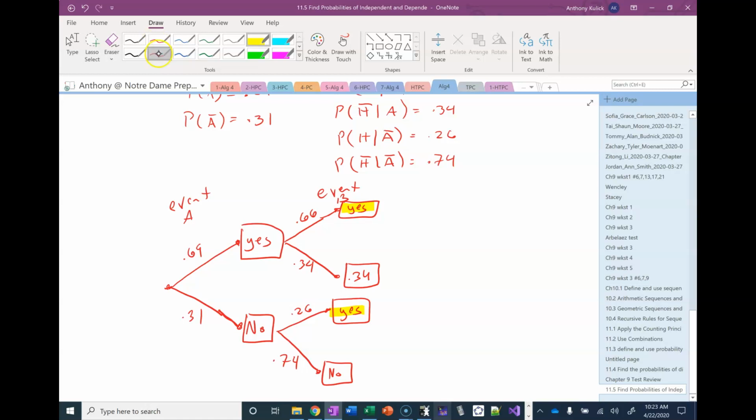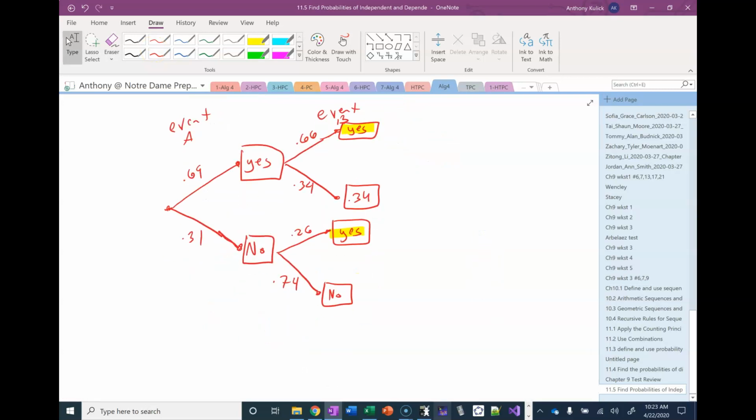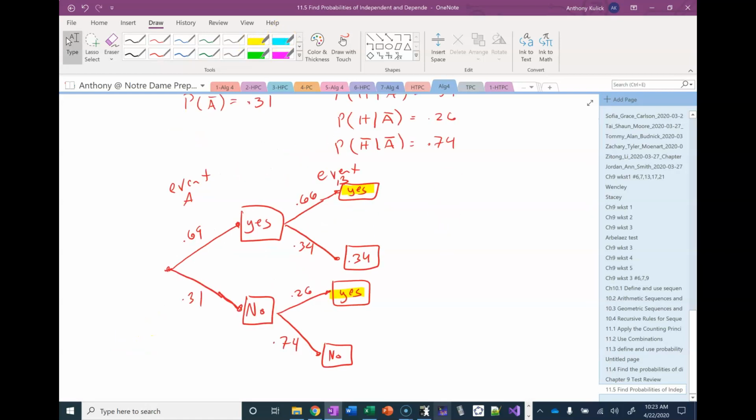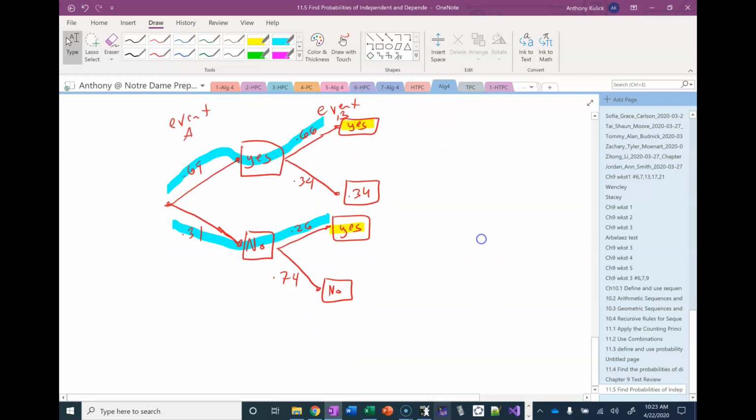So we have two situations. I have two paths through this tree to calculate. I have this path, and then I have this path. Okay?